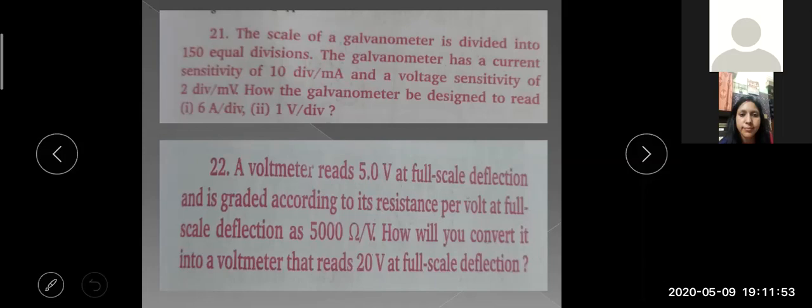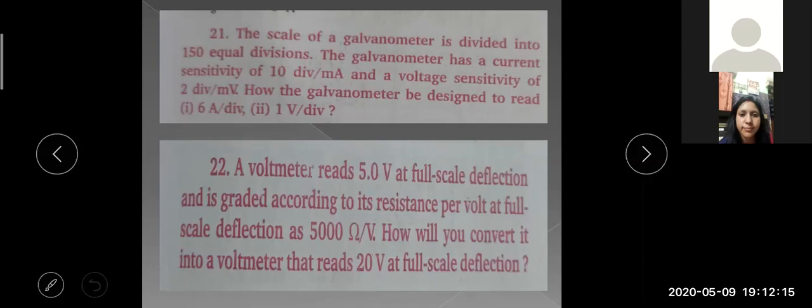And for the voltage range requirement, 1 volt per division, for 150 divisions find the voltmeter range. And find the value of resistance R, which is connected in series with the galvanometer, as we have done in conversion of galvanometer into voltmeter.